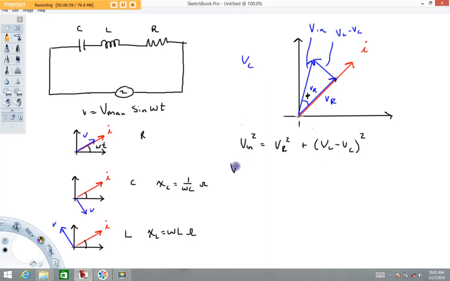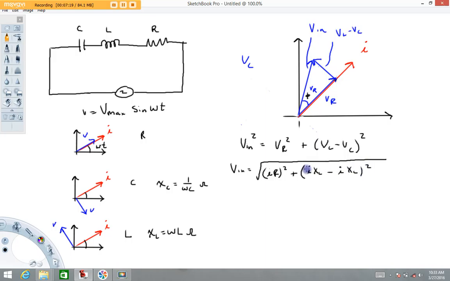So the input voltage can be written as the square root of (IR) squared plus (I X sub L minus I X sub C) squared.